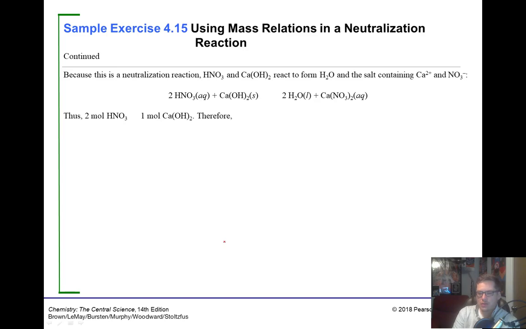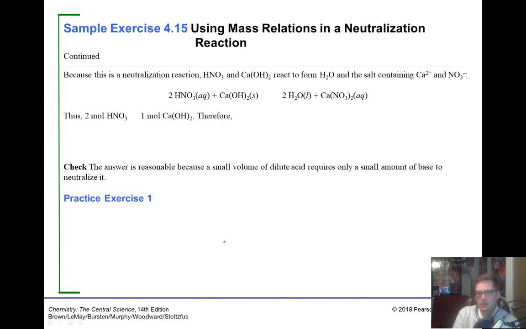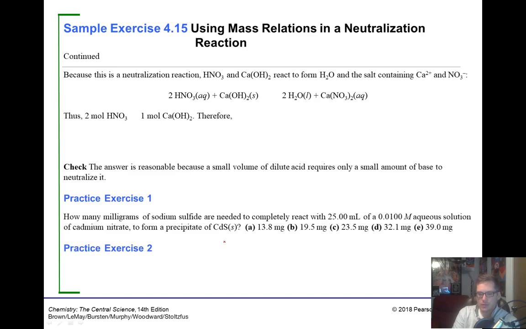All right, so we're going to do some practice problems here. Here we go. All right, so it says how many milligrams of sodium sulfide are needed to completely react with 25 milliliters of a 0.01 molar aqueous solution of cadmium nitrate to form a precipitate of cadmium sulfide. So first step, anytime you're approaching any stoichiometry problem, which is what this is, we're going to first write out our balanced chemical equation.